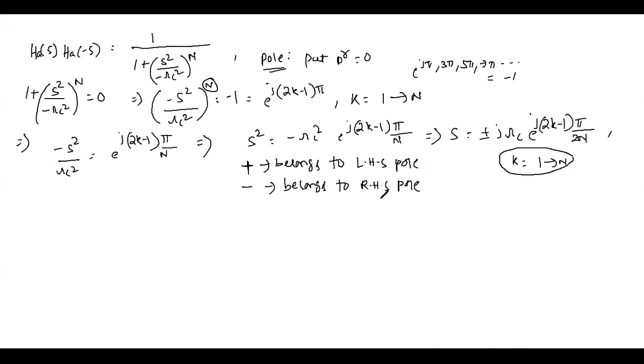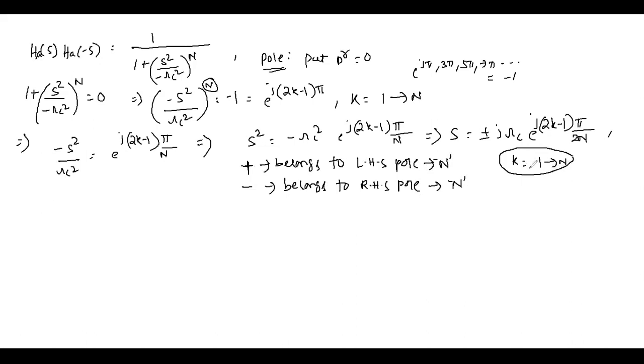Okay, clear? If you take plus, you will get n number of poles. Similarly, when you take minus also, it is n number of poles, because k is starting from 1 to n.